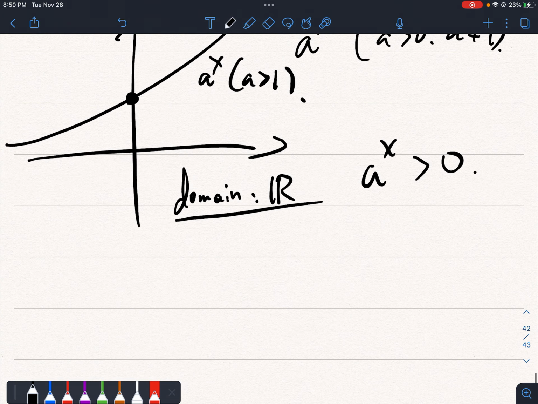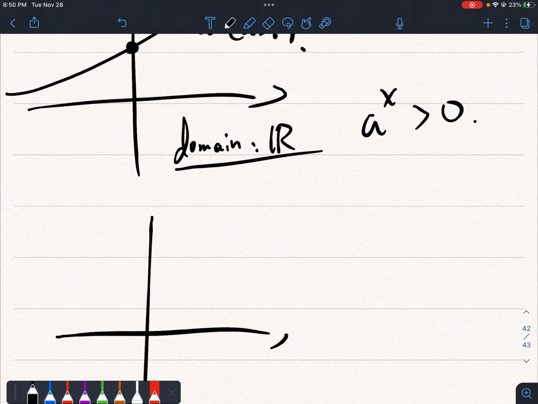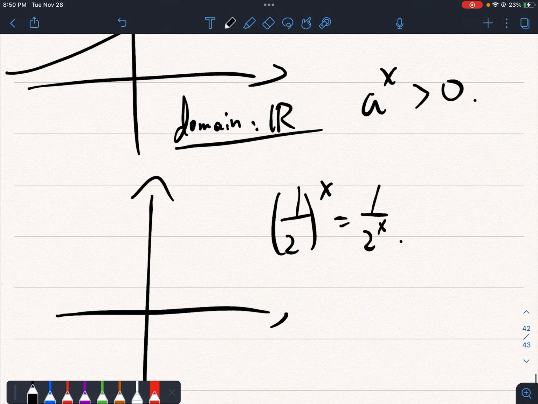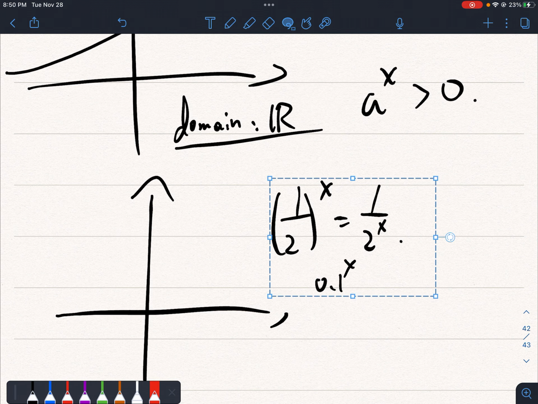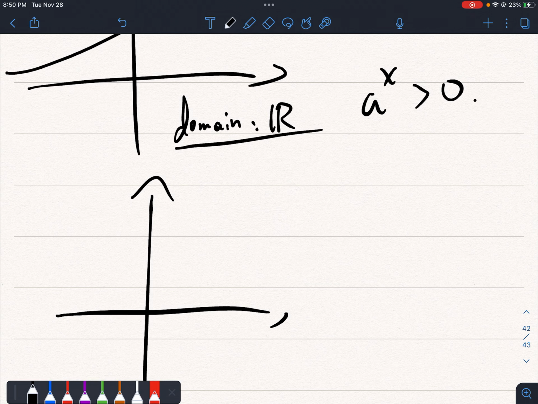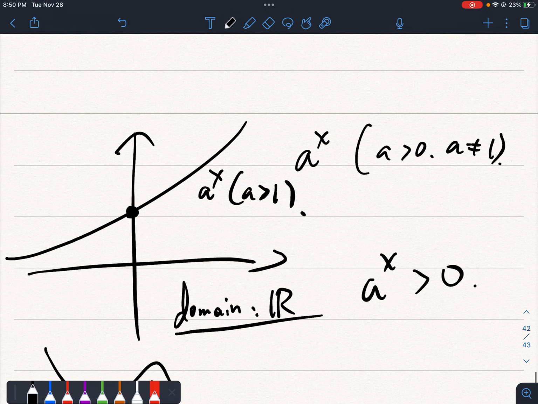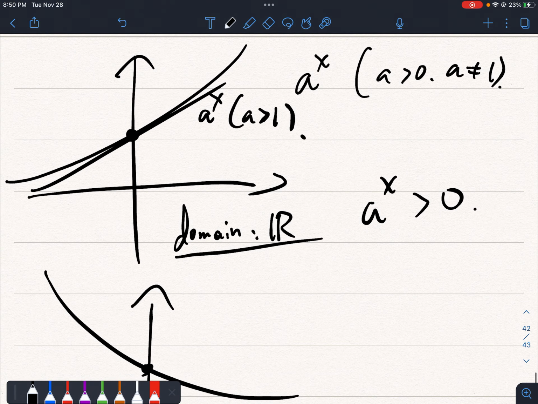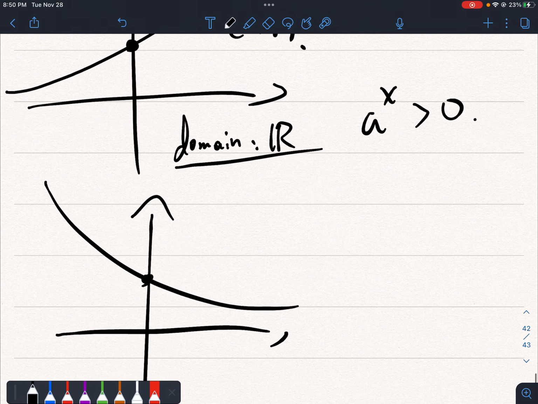And if a is from 0 to 1, so for example, if a is 1/2, so 1 over 2 to the power of x, or let's say 0.1 to the power of x, whenever you have some number that is between 0 and 1, then the graph would be something like this. It will be decreasing. I mean, this is increasing, right? And then this will be decreasing.